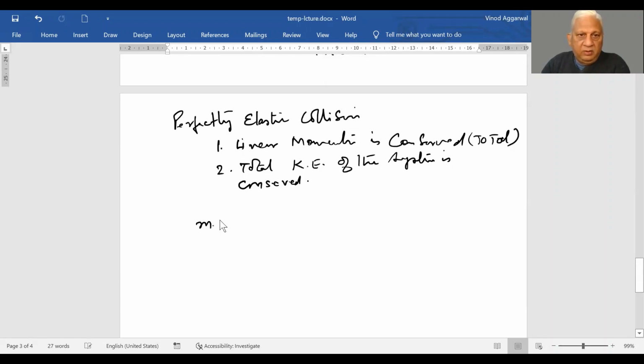Now, if we write it in terms of equations, what will happen is, if there was a mass m1 which was traveling with velocity v1, it hits another body whose mass was m2, traveling with velocity v2. This is their initial momentum, and let us say v1 dash is the final velocity of m1.